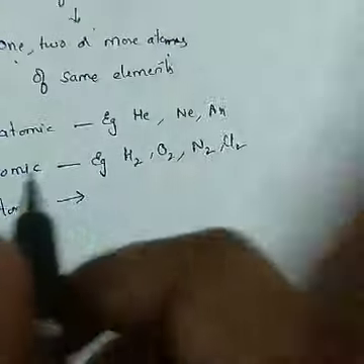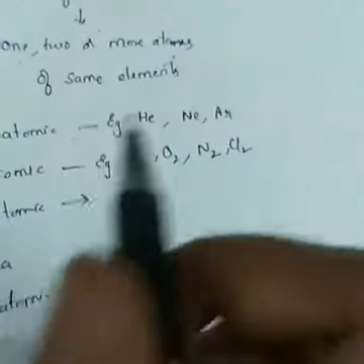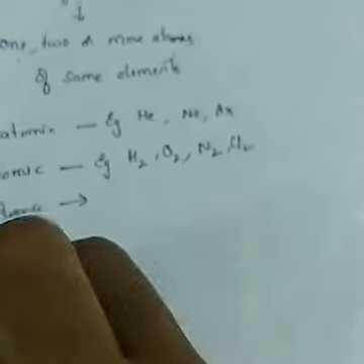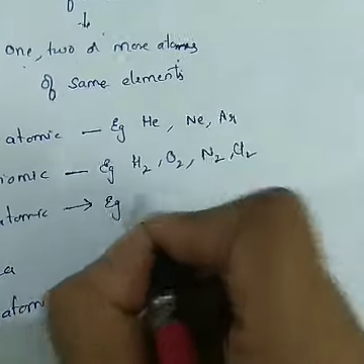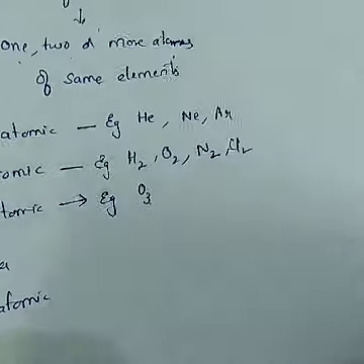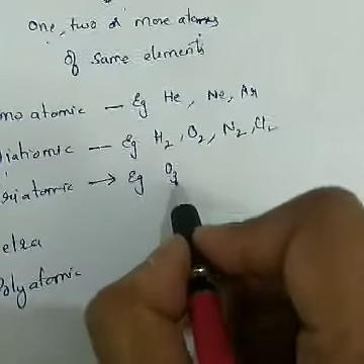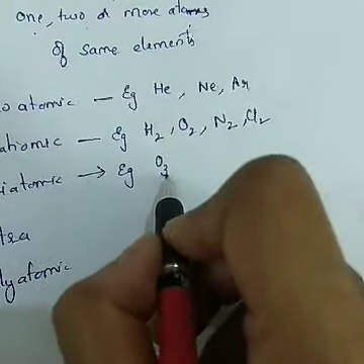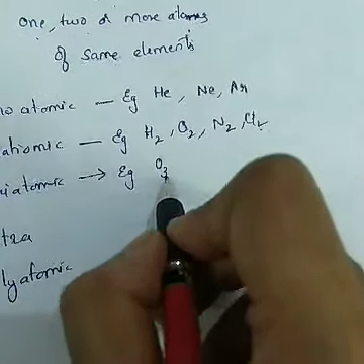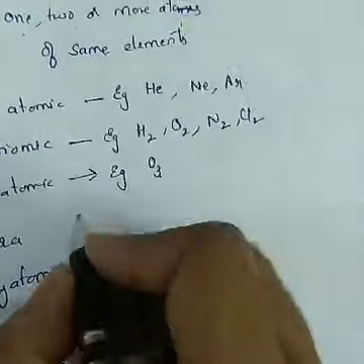Triatomic, three atoms of the same element combine together to form triatomic. Example O3, ozone. In this, three oxygen atoms combine together to form the O3 molecule. Only one example we are having.